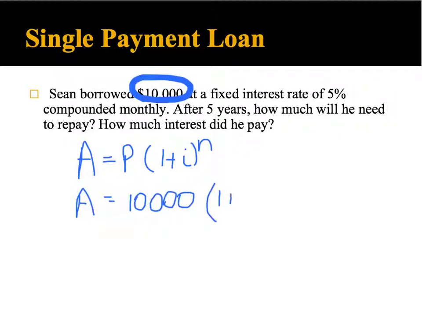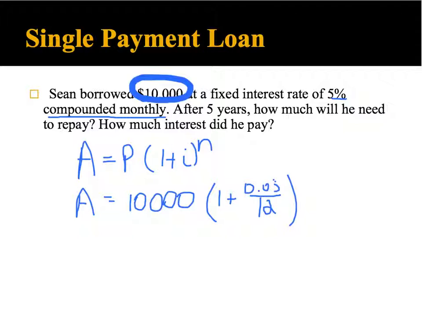The rate of interest, well, we got to be careful about that. It's 5% compounded monthly. So 0.05 over 12. And then N is the number of compound periods. Well, we've got 5 years and it's monthly.